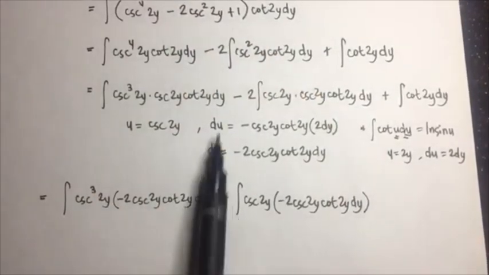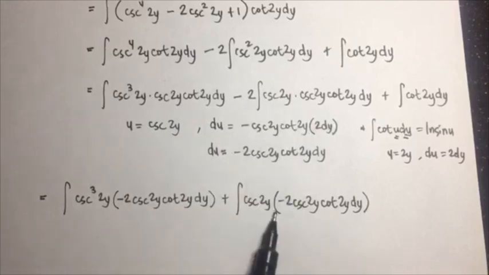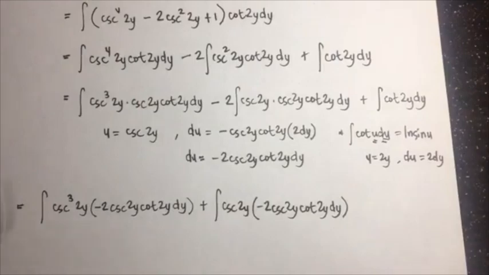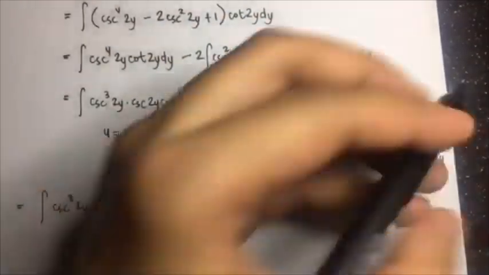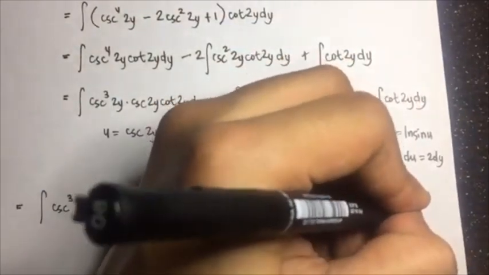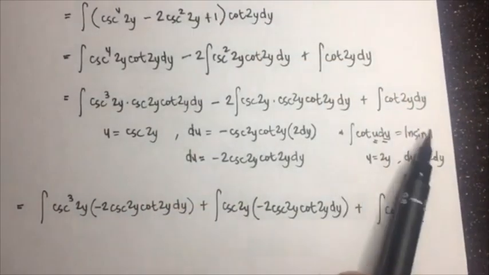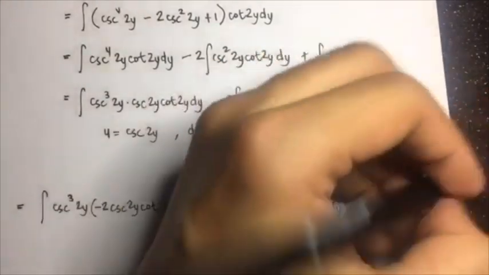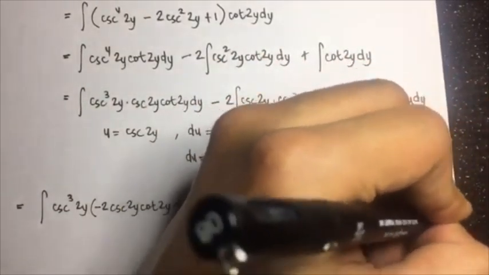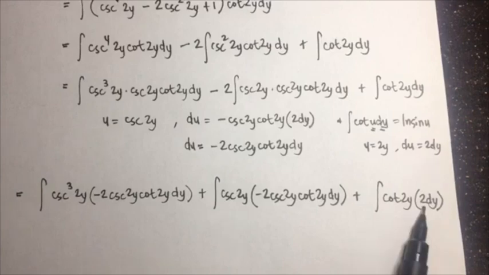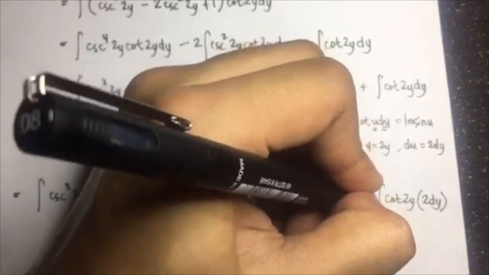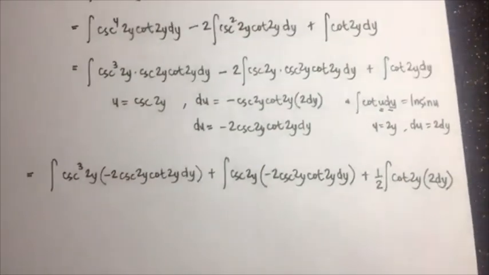Okay, so the negative 2 outside, I placed it back inside the integral sign. Okay, so plus the integral of, you have here cotangent of 2y. So the complete differential should be 2 dy. So since I placed 2 here, then outside the integral sign I will put its reciprocal, 1/2.